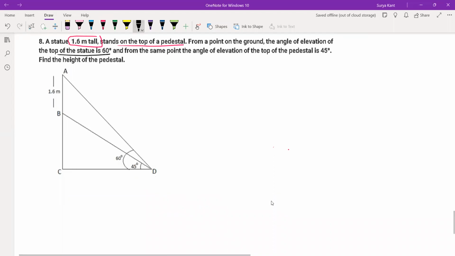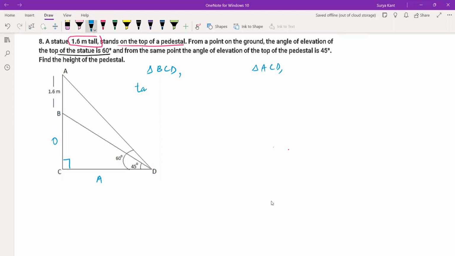The triangles are B, C, D and A, C, D. In triangle BCD, we are bothered about this one. We have to find the height of the pedestal.